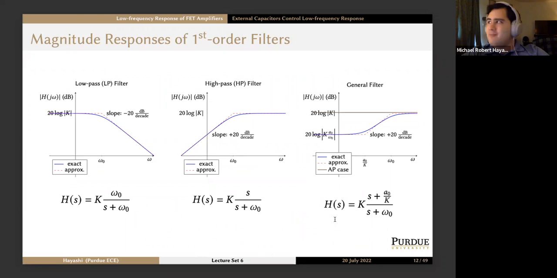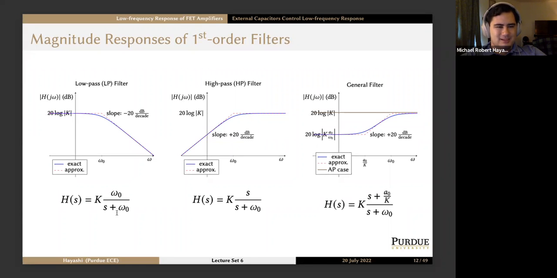Before we can do that, we really need to look deeper into all the different possibilities for first order filters. So let's use our tools from the magnitude response and just see all the possible options we can get for a first order filter, in other words, a filter with a single pole. So let's say we have h of s is equal to k times omega naught over s plus omega naught.